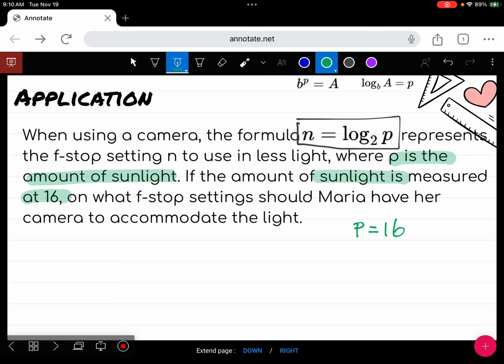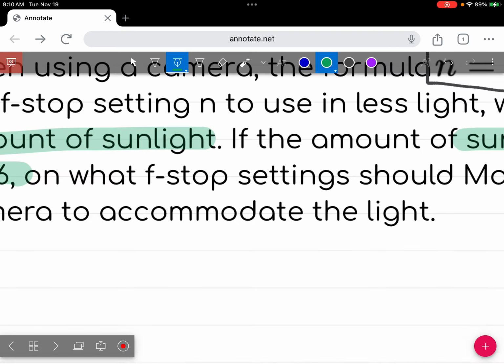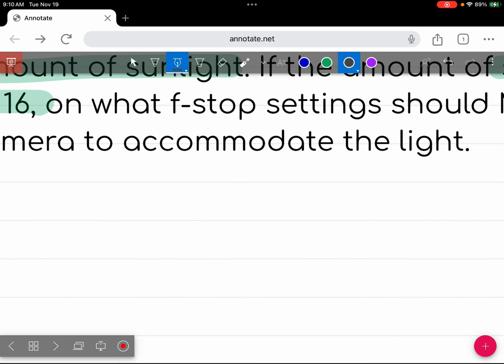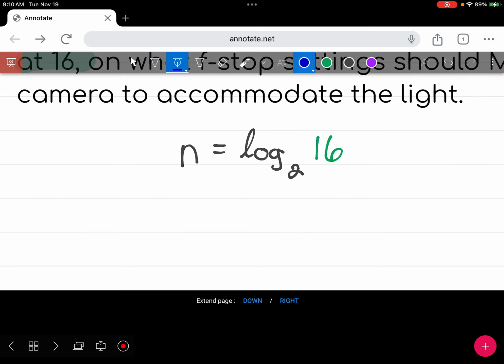That's what they've told us in this paragraph. P is 16. So we want to find N. So we have log base 2 of 16. Because I'm going to switch it around. We get 2 to the something equals 16. So our N equals 4. So she should put it on setting 4.